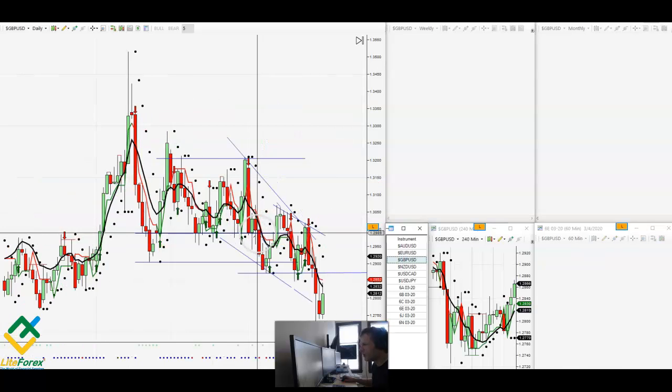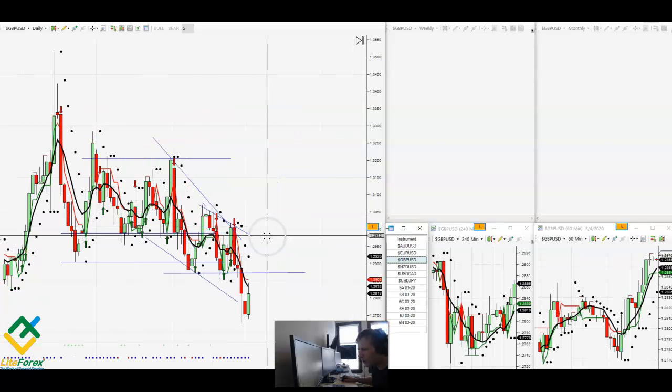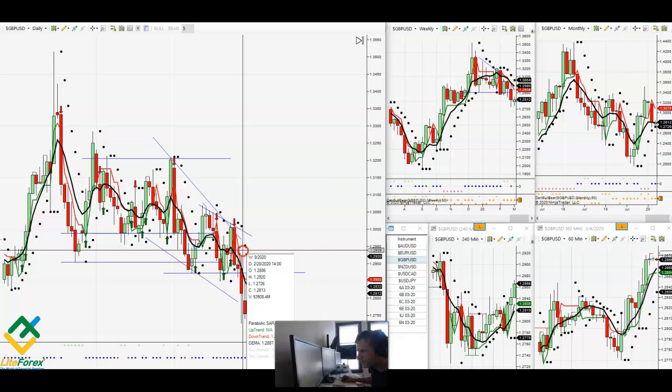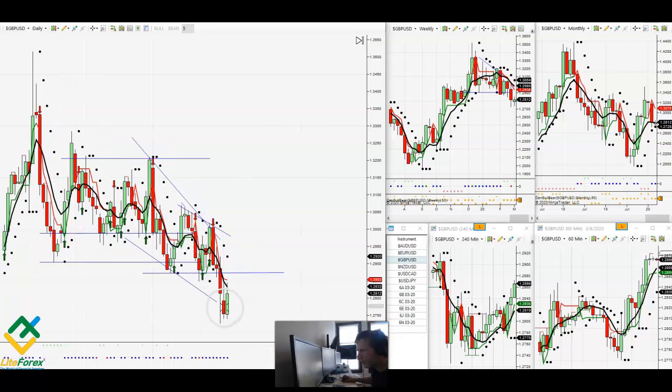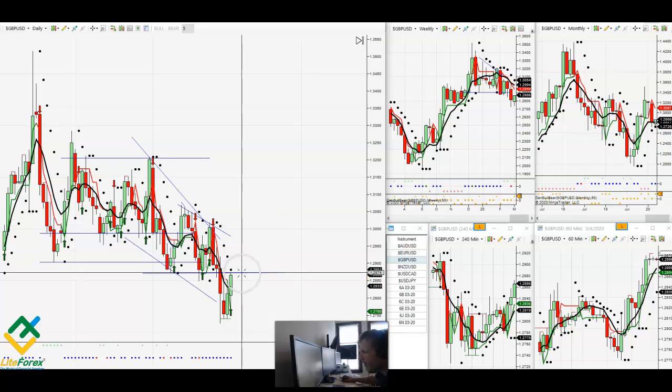Okay, pound USD. So I last looked at this here on the 28th, and I was expecting a rebound. To me, it looked like we were going to get a rebound, and I thought we might rebound back above resistance, which was 1.2874. And you can see we did rebound.